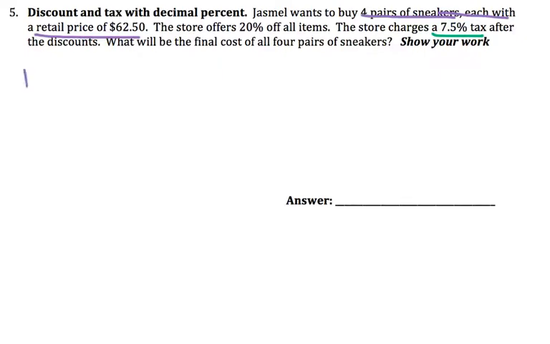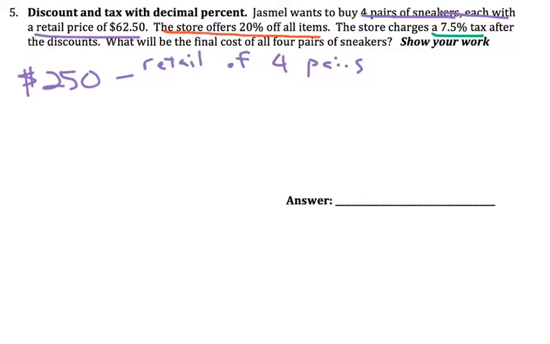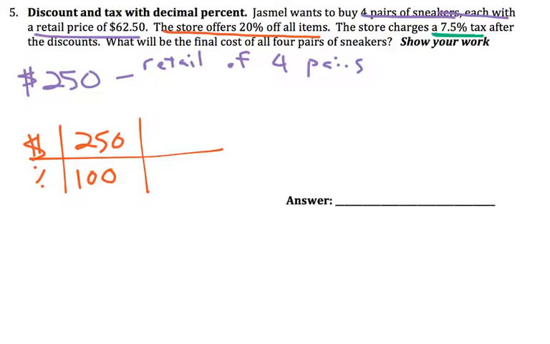So that would be $250, which is the retail price of 4 pairs. And so now we have 2 steps after that. We have a 20% discount and a 7.5% tax. So let's again start off with our discount. So it's $250. That's our retail price for all 4 shoes together.